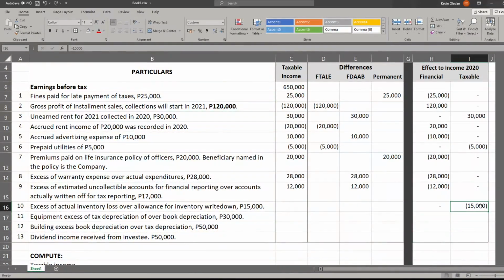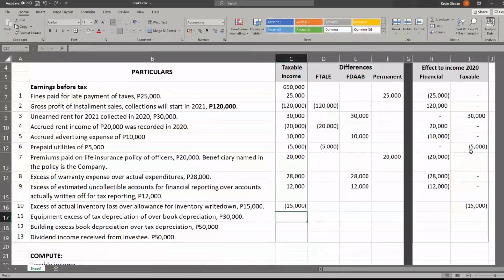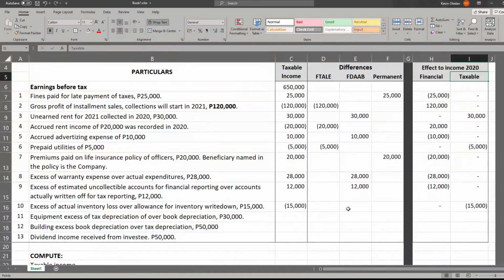Okay? So ang effect niya, kasi magbabawas ka pa ng additional na 15,000, edi ibawas mo. Kasi you are computing taxable income. You should deduct it from 650,000 kasi it was not yet deducted. When in fact, it should be deducted. That is at least for taxation.